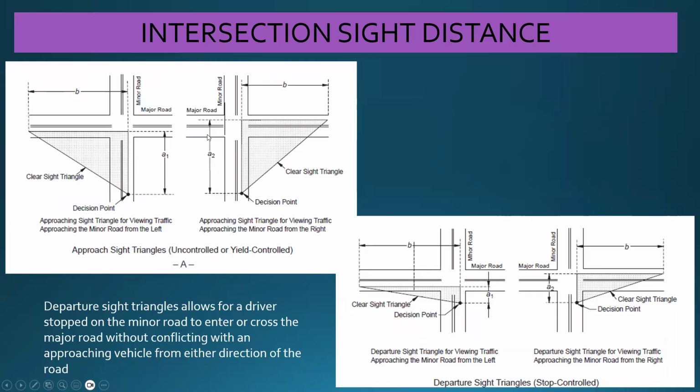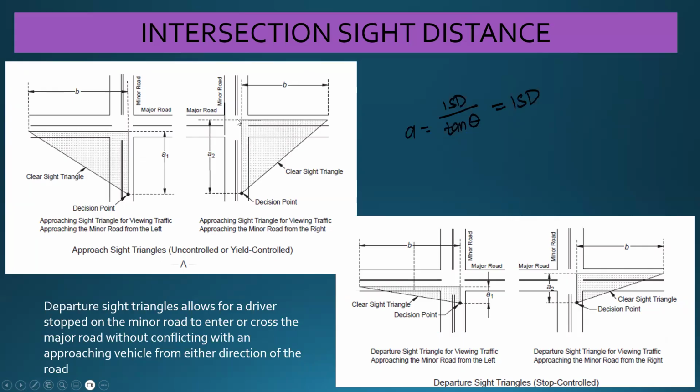Actually, this one is just solved as: A sub 2 is equal to the intersection sight distance over the tangent of theta, the angle of your intersection. So when your intersection is just a right angle or 90 degrees, then A is also just equal to your ISD. Okay? So that triangular area should be cleared.